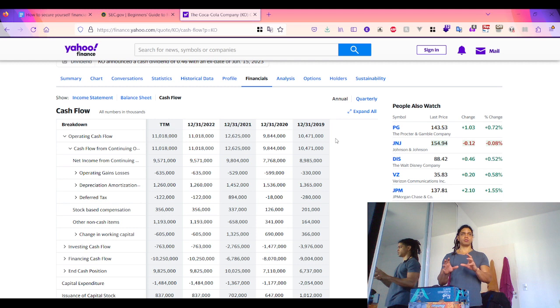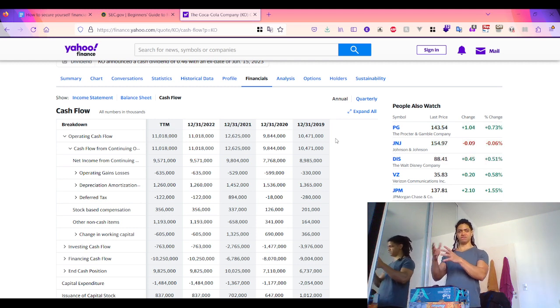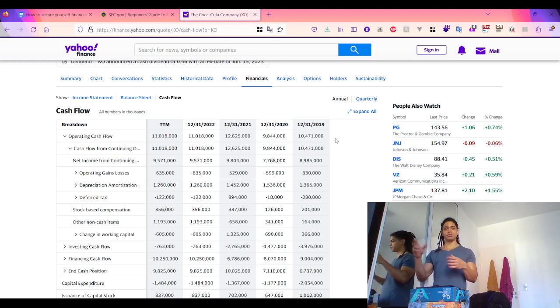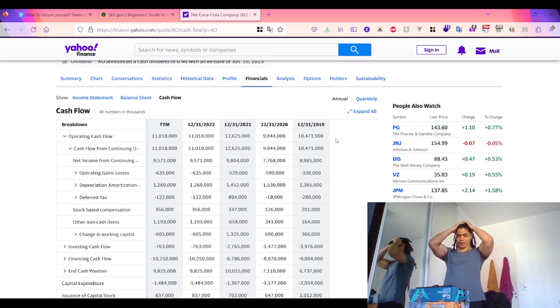So another example is the limited partnership, where an investor or a company purchases stakes in the limited partnership in return for control over the operating assets and liabilities.